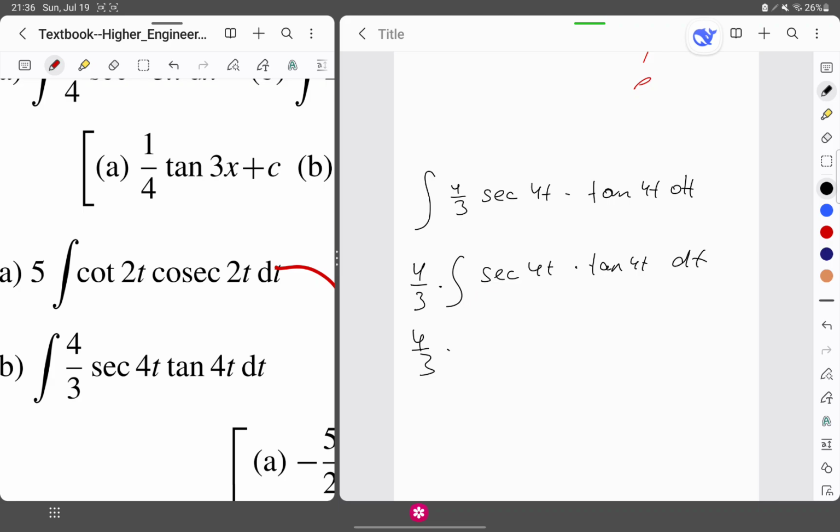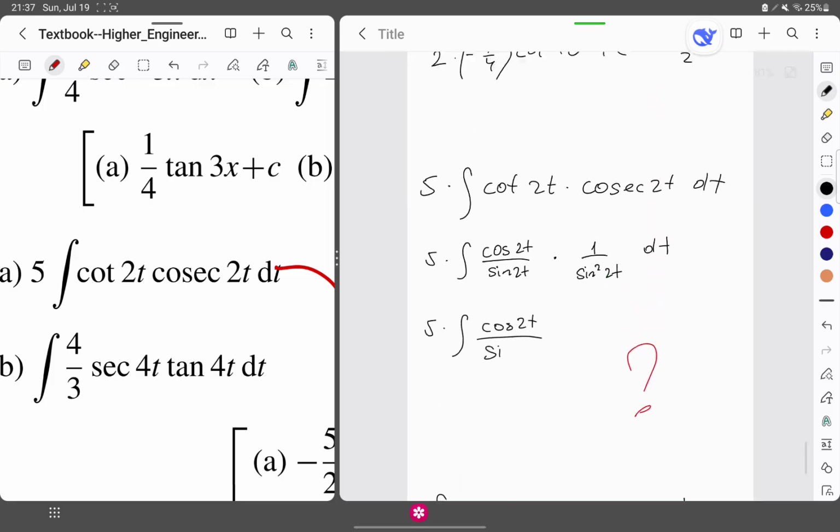Think about it. I'm really tired now, I cannot think, but tan is sine 40 over cosine 40 times secant, 1 over cosine square.